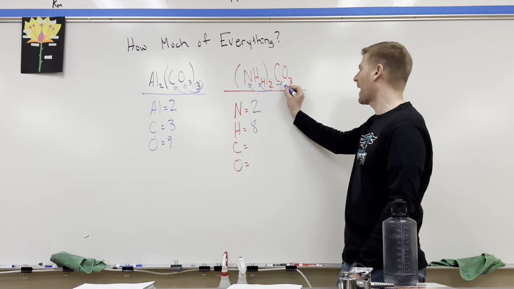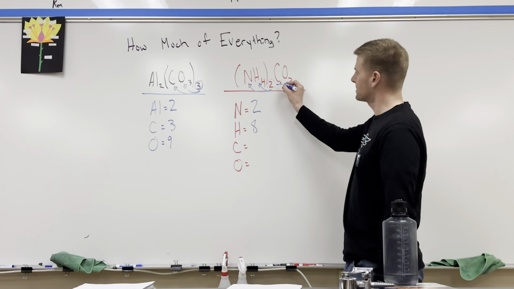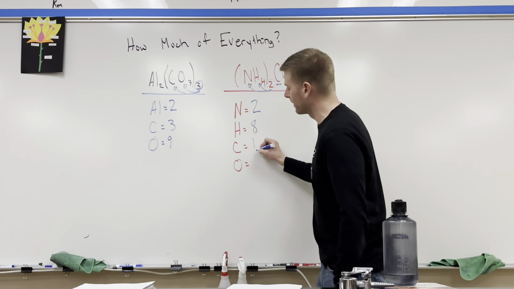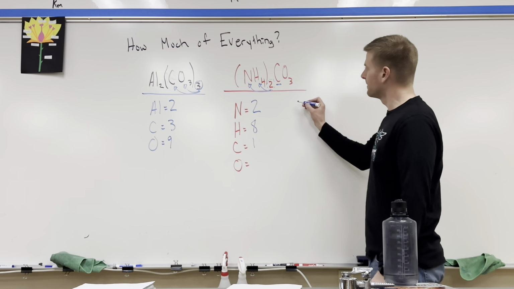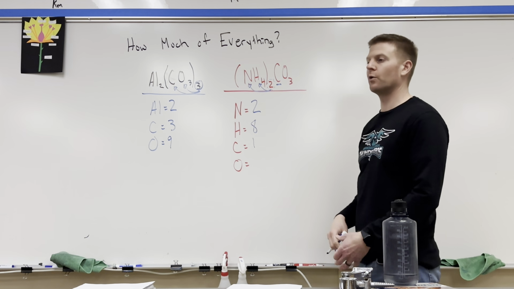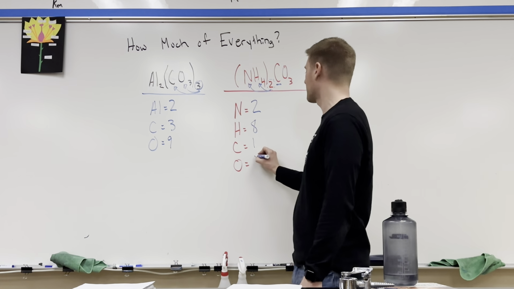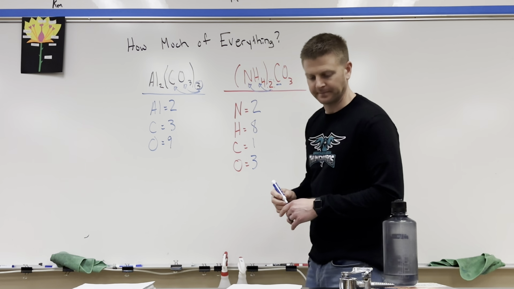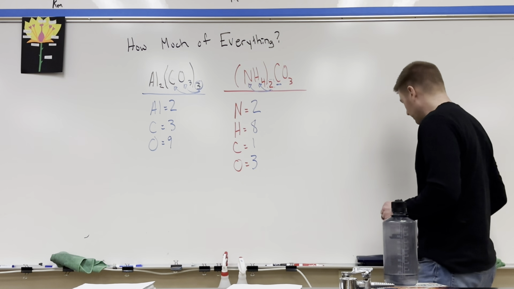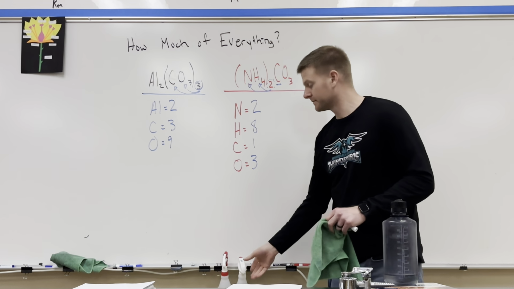It can't go backwards to the C. So this C right here, there's only 1 of them. And then this 3 only goes to the O because there's no parentheses. So you're going to have 3 oxygen. So that's how you would do that example.